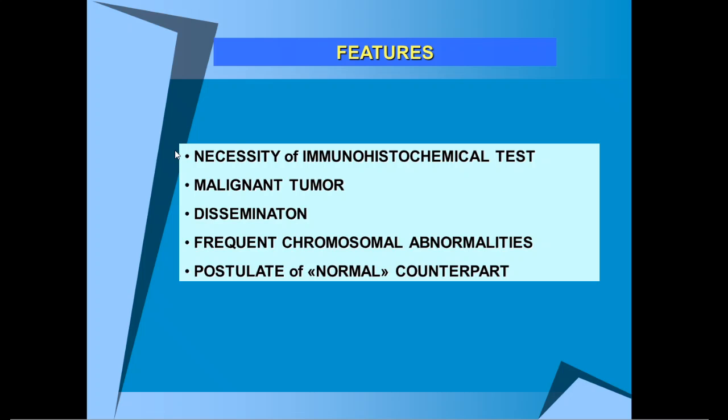Grossly, we describe an organ or part of the organ: the size, consistency, color, cut surface, etc. Then we go deeper. We take a piece of this organ, make a slide, and assess this slide under the microscope.